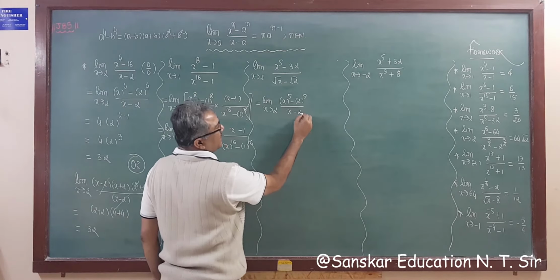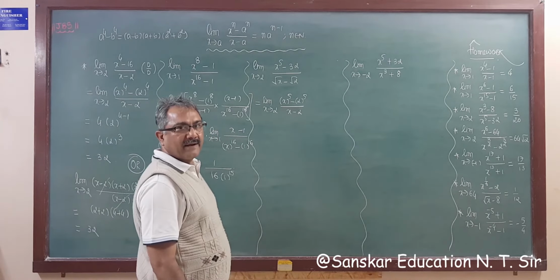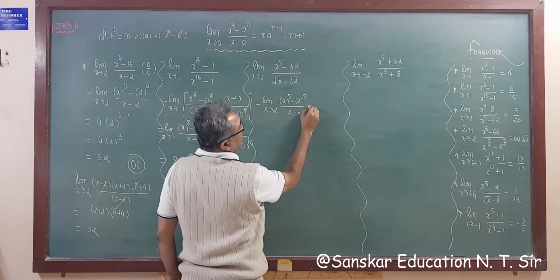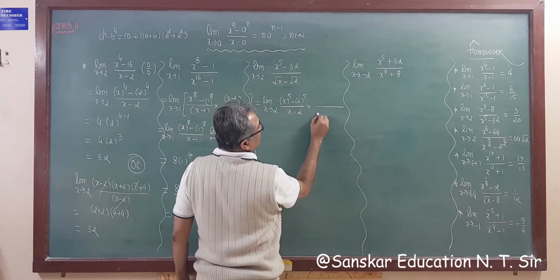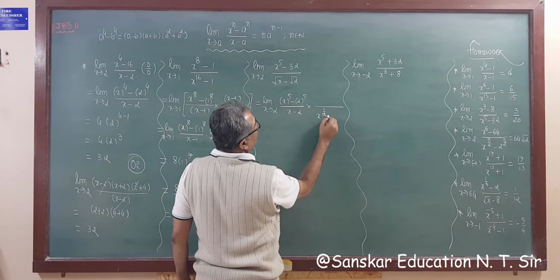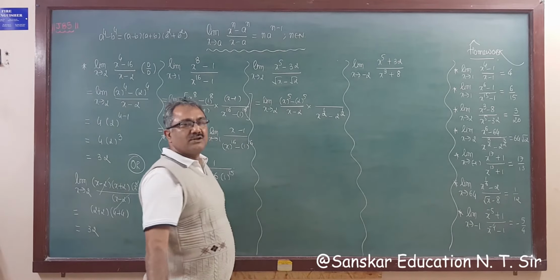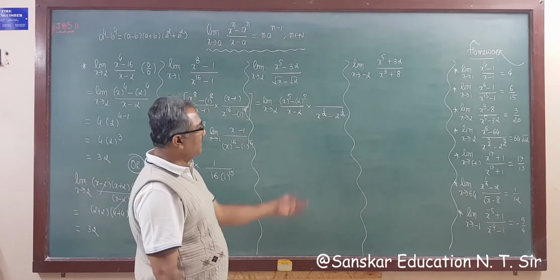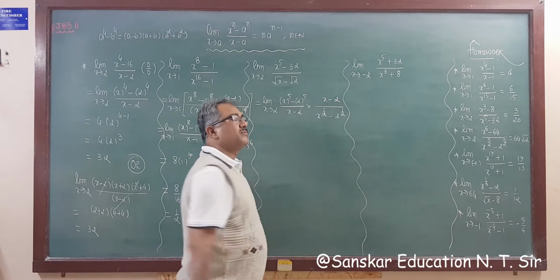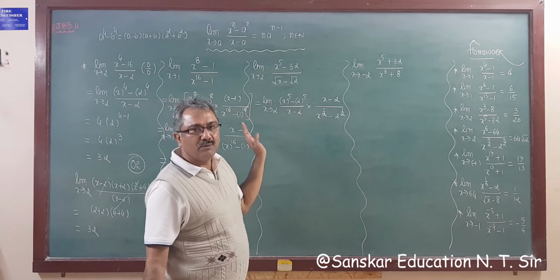Now this is root x, that is x raised to half minus 2 raised to half, since root 2 is 2 raised to half. In the denominator we require x minus 2, so since we divide by x minus 2, we have to multiply by x minus 2. So this is okay now.